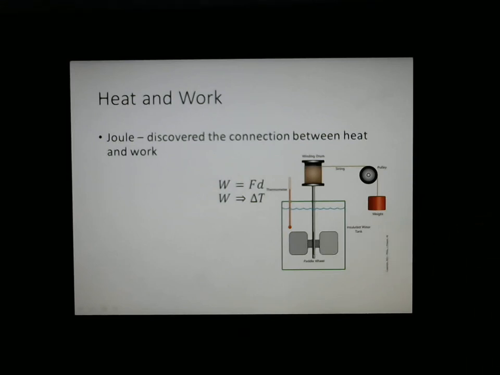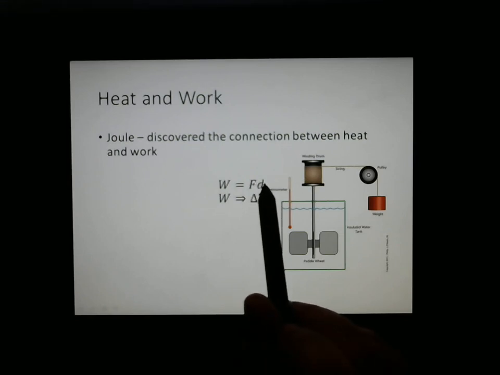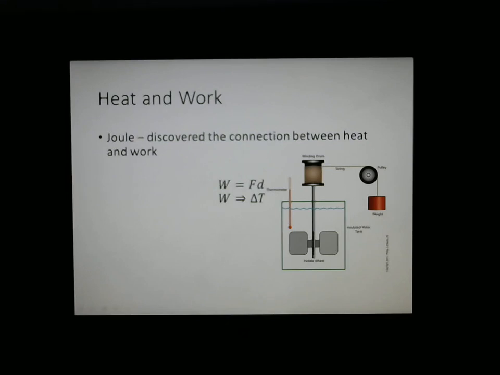He measured the temperature before and after, and he found that there was a change in temperature. This showed that mechanical work, a force over a distance, force times distance is equal to work, could result in a change in temperature. And this showed that heat was a type of energy that could do work.